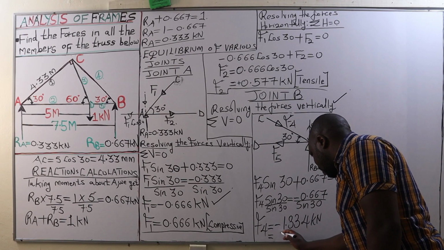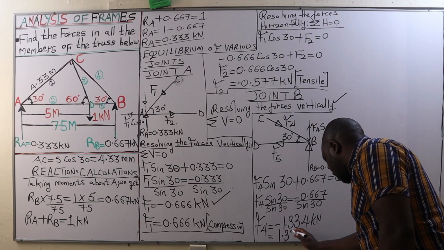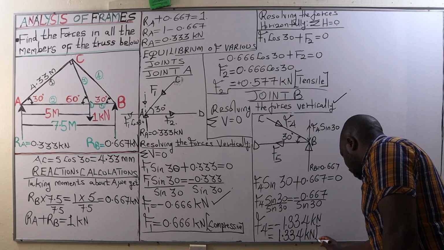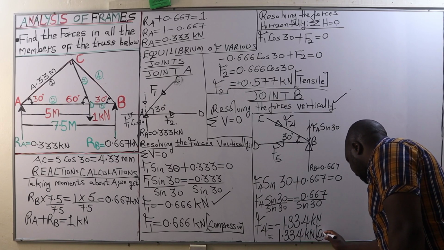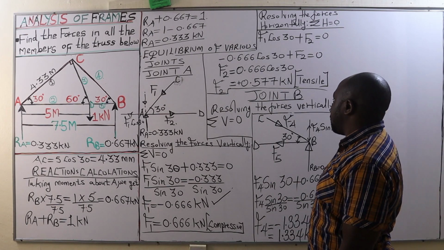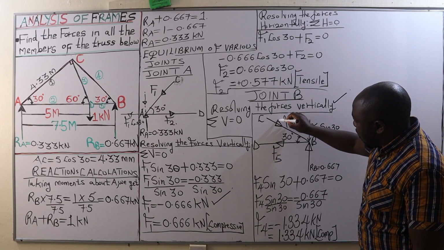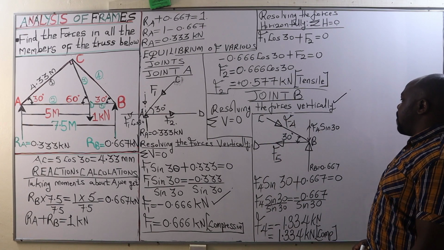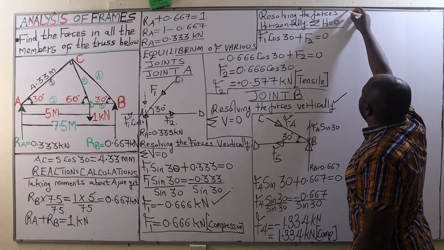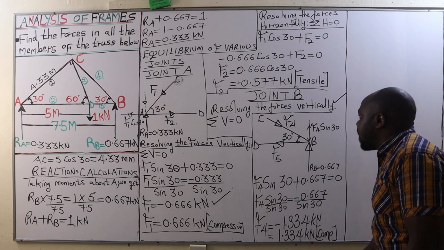Therefore, we can ignore the negative and write it as 1.334 kilonewtons (compressive force), because it is a negative force. Therefore, our assumption of F4 being compressive is very correct. Very good. We are still moving on very, very well.